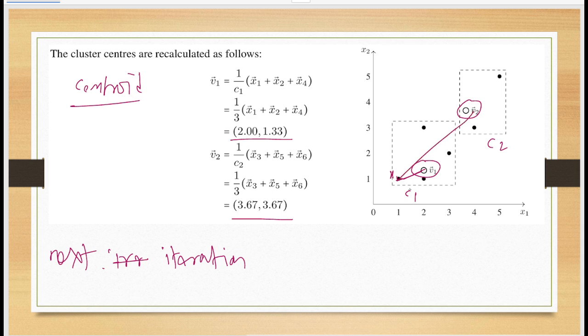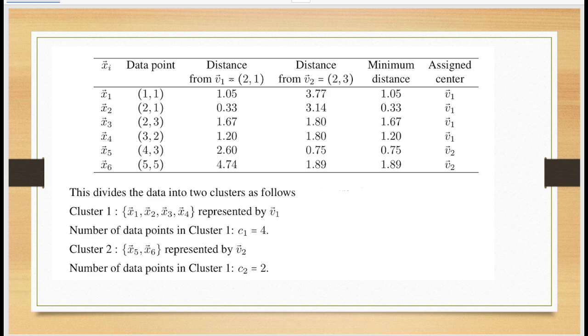We update the table with 2.00 comma 1.33 and find the distance of each of x1, x2, x3 from this centroid, and similarly for V2, 3.67 and 3.67. We calculate the distance of each point from these two centroid values.